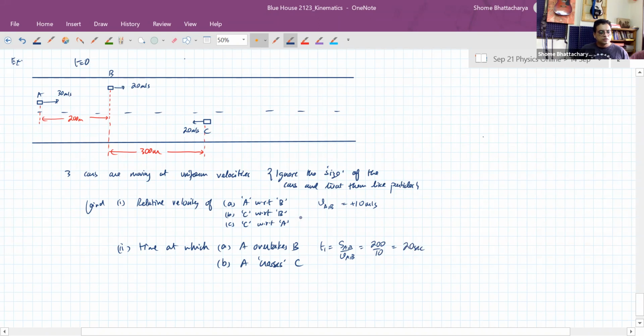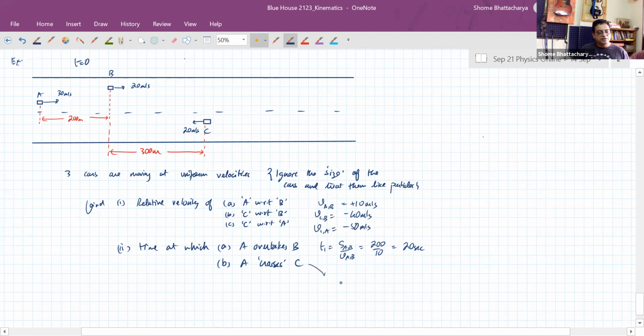Now the velocity of C with respect to B will be minus 40 meters per second. And the velocity of C with respect to A will be minus 50 meters per second.